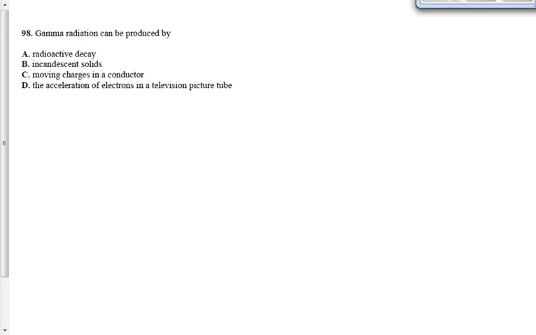And we learned that gamma rays were produced by, what do we say, nuclear decay, when matter was converted to energy. Which answer here sounds the most like nuclear decay? It's going to be A, radioactive decay. Okay? We didn't mention that word, radioactive, but it's the same thing. By the end of the year, it would be clear to you that radioactive means the same thing as nuclear decay. Even now, you probably could surmise that.